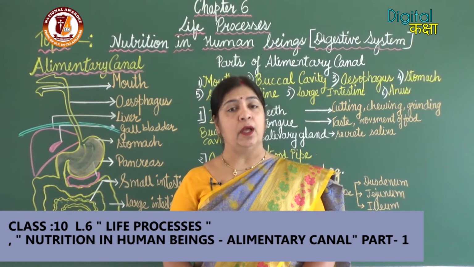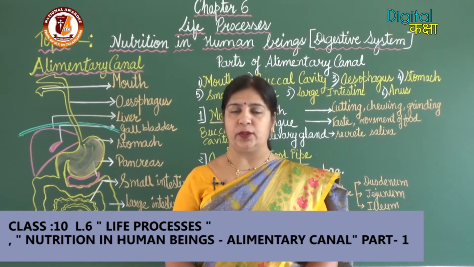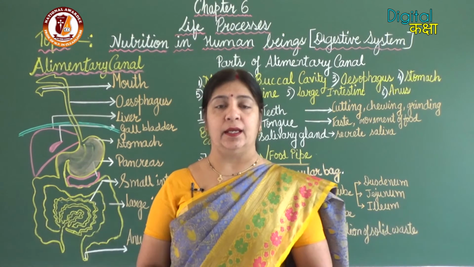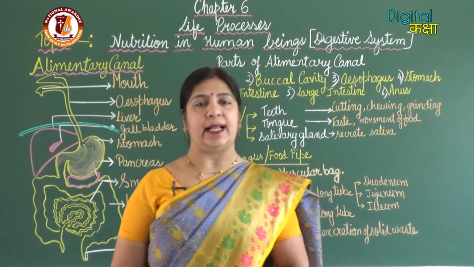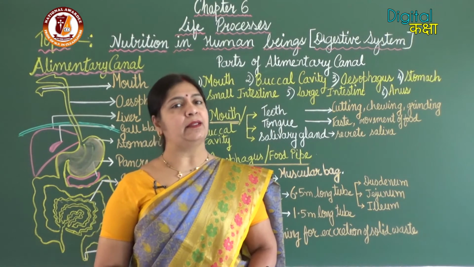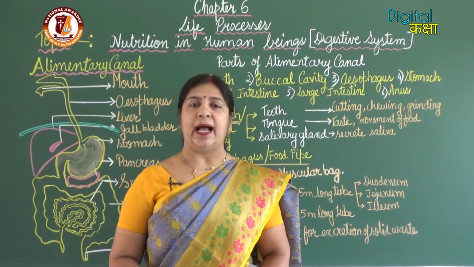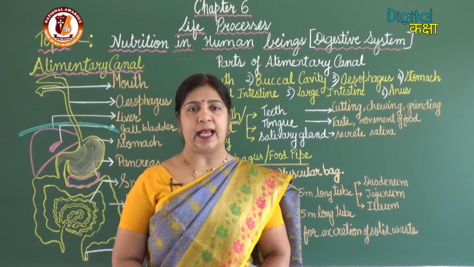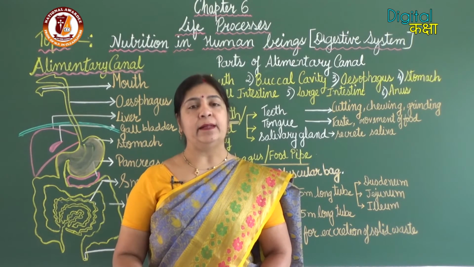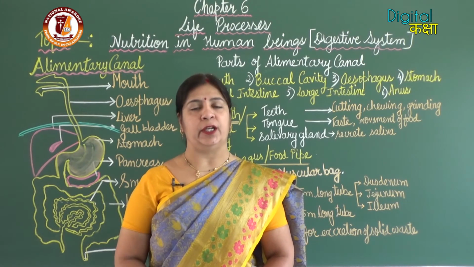Now, the small intestine also contains some glands, that is, the intestinal glands. These intestinal glands are present in the walls of the small intestine, and they secrete the intestinal juice which helps in the process of digestion.